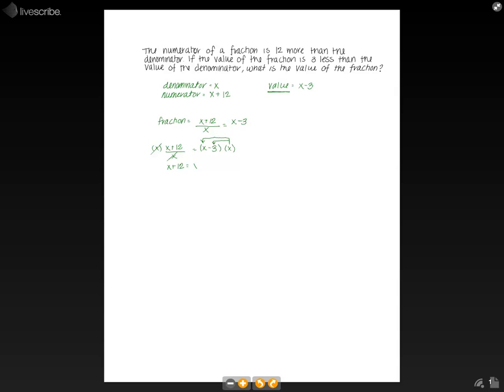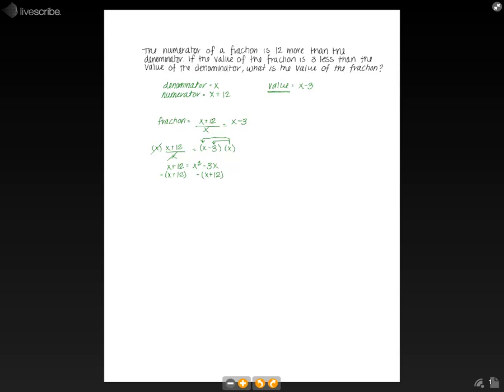So x times x is x squared, and x times 3 is 3x. So that's what we have now. So we can see that we're going to have a quadratic equation here. And when we solve quadratic equations, we always want to set them equal to 0. So to do that, let's move the x plus 12 to the other side. So let's subtract x plus 12 from both sides of the equation.